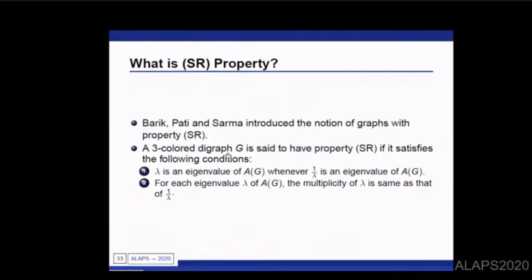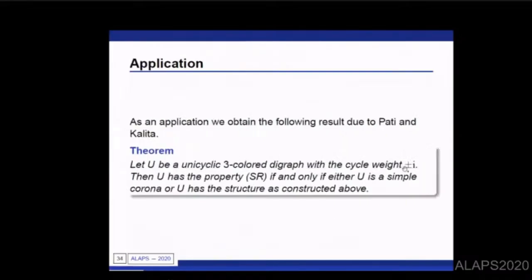As an application of our results, one can obtain this result, which was obtained by Pati and Kalita in 2014. That result can be seen via our results in terms of inverses of unicyclic three-colored digraphs.